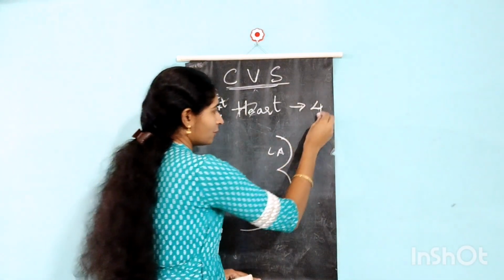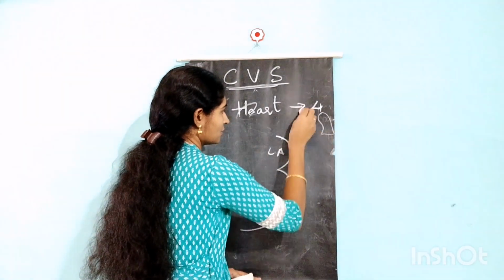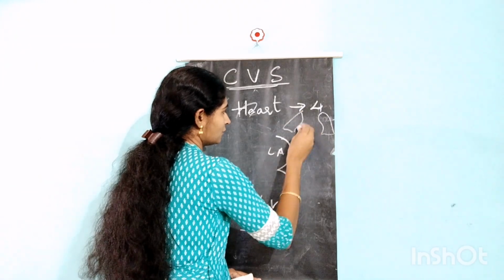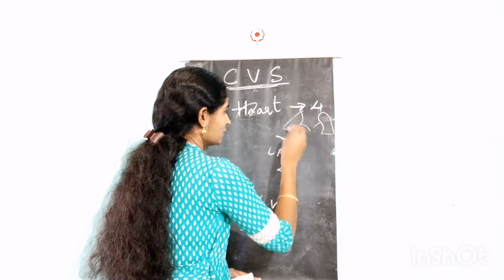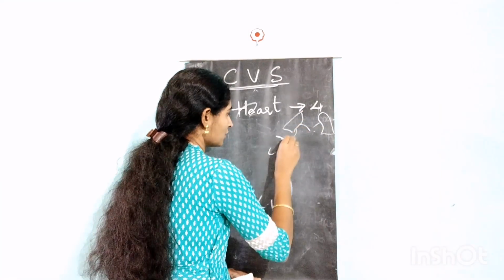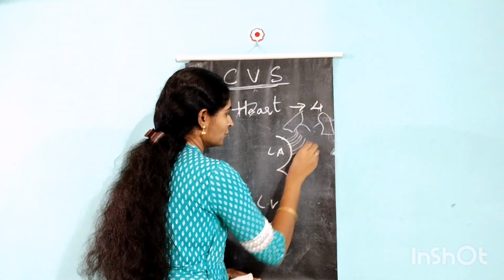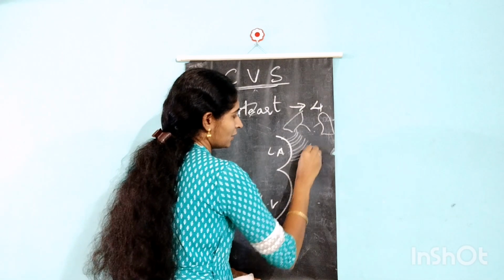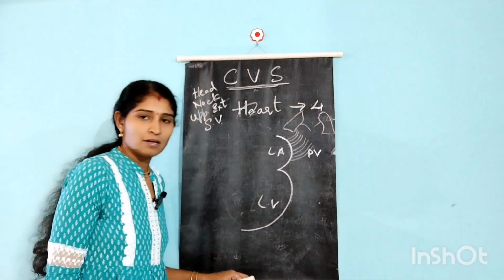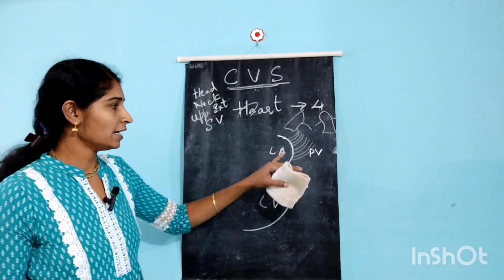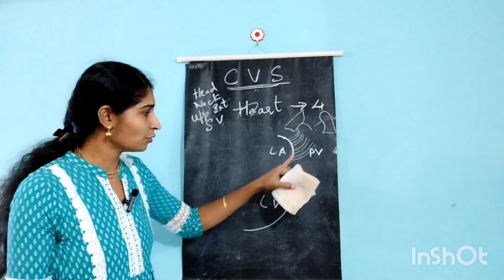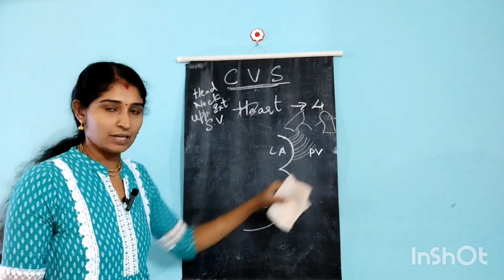So from the lungs, the oxygenated blood is coming into the left atrium through the pulmonary veins.